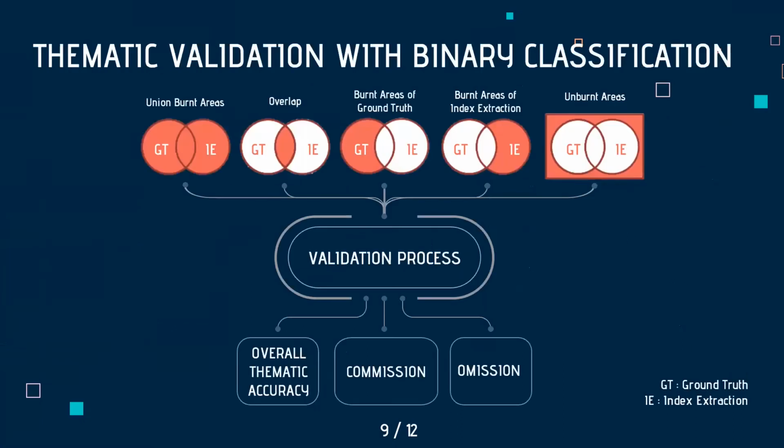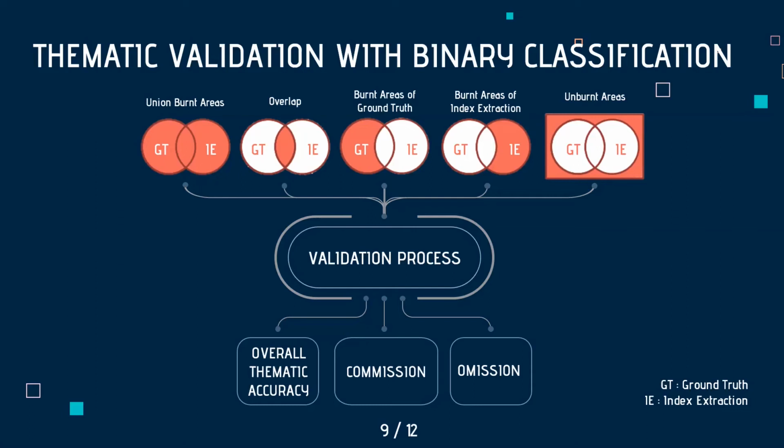After the test, we decided also to validate our results with a thematic validation with a binary classification. Of course, it was not possible for us to have a real ground truth, and so we decided to use as ground truth a manual digitalization of the burnt area by an expert of the topic, based on Sentinel-2.